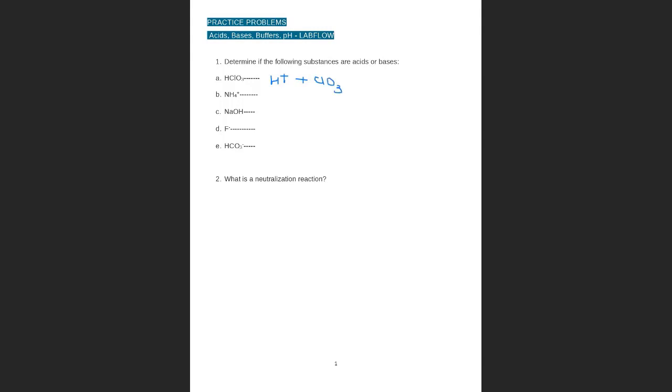And you put this acid in water, it's going to give you this proton. And because it can donate a proton, we say it's an acid. So we are going to say acid.